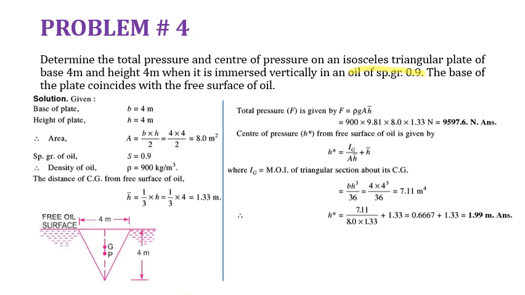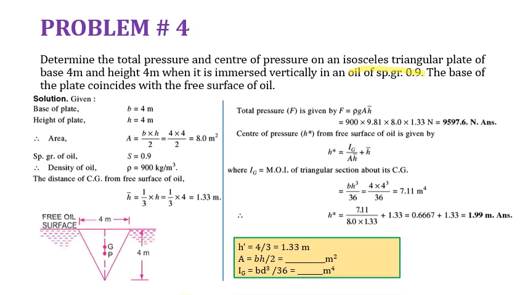For this triangle, we know that the A dash, which is 4 by 3 meters from the base, will be 1.33 meters, and the area is half base into height, and IG is given as BD cube over 36, because we are finding it about a horizontal axis passing through the G. The parallel dimension, which is B, will have power 1, and the perpendicular will have power 3.